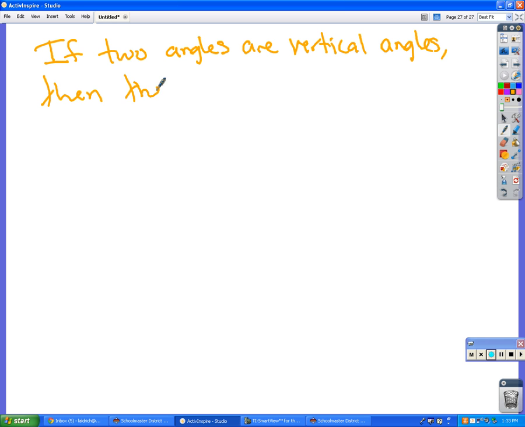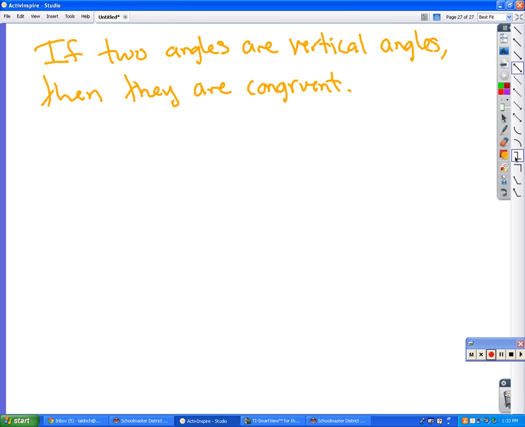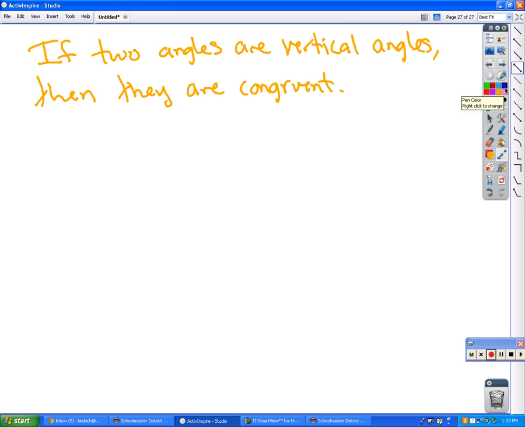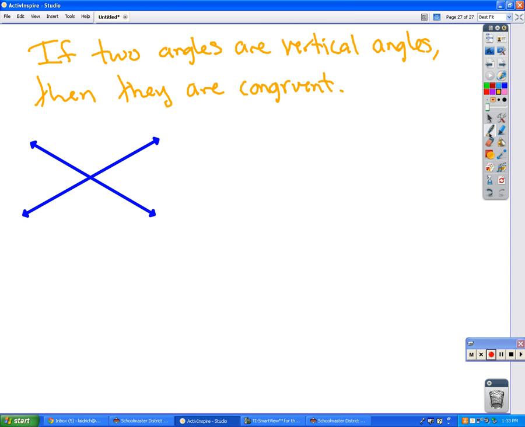Good. Then they are congruent. All right? So again, the way that I figured that out was using what kind of reasoning so far? Inductive. You looked at all of the examples in class, you noticed a pattern, they all seem to be the same, and so you concluded that therefore every single one of them is the same.